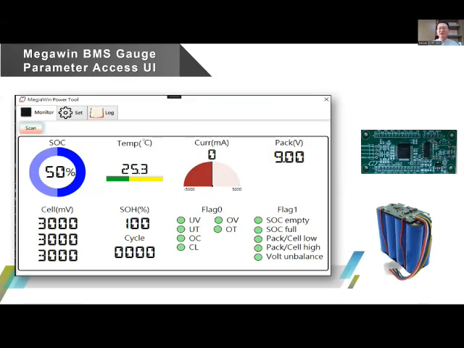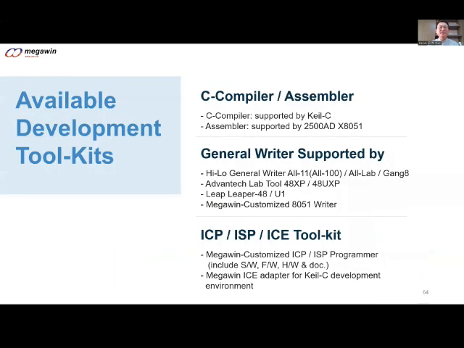So this is our software and hardware ecosystem for developing our product. And this is the developer toolkit: C compiler, assembler, and general writer.